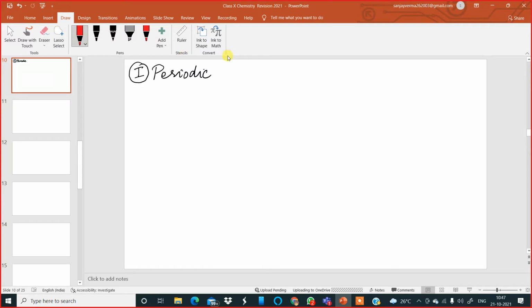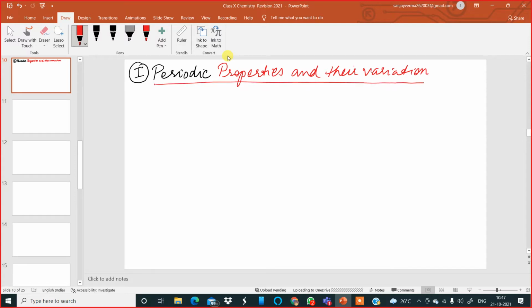Now, periodic properties and their variation. Some questions which I would like to discuss with you all with regard to the MCQ. So here is the question.